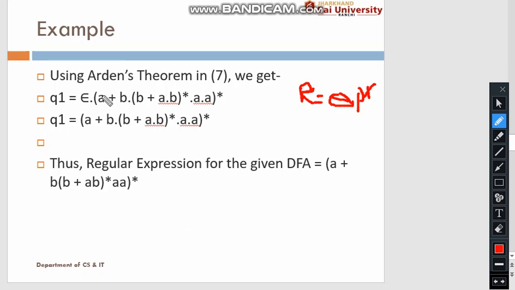And anything multiplied with epsilon will be the same. So we get the value of q1 as (a plus b into (b plus ab) whole to the power clean closure aa) to the power clean closure. So this is the regular expression which is represented by the given finite automata.